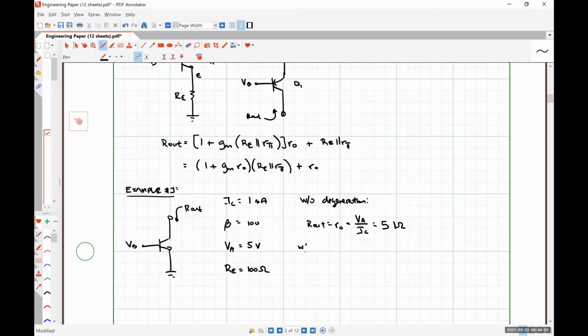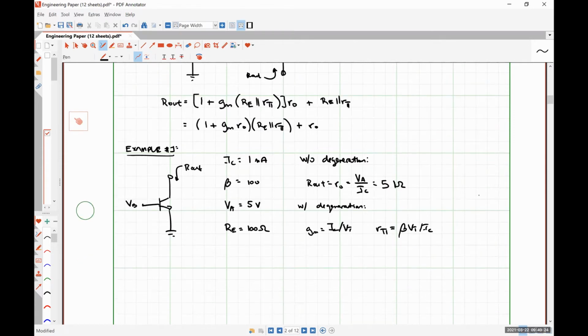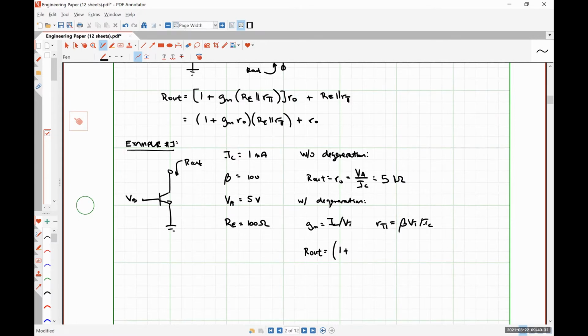With degeneration, where gm is equal to IC over VT and rπ is equal to beta VT over IC, our output resistance Rout becomes (1 + (IC over VT) times (VA over IC)) multiplied by (RE times beta VT over IC) divided by (RE plus beta VT over IC), plus VA over IC.